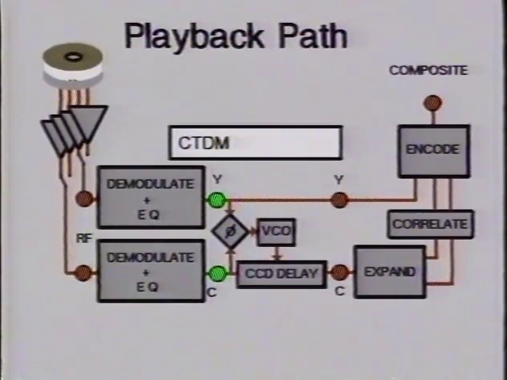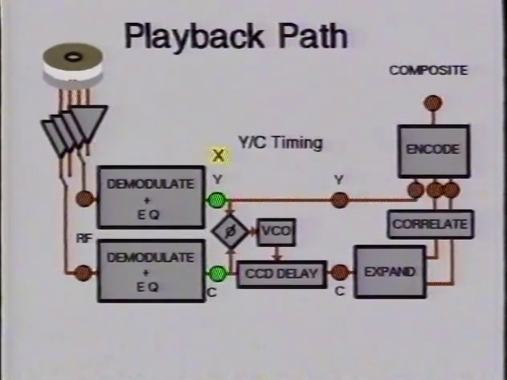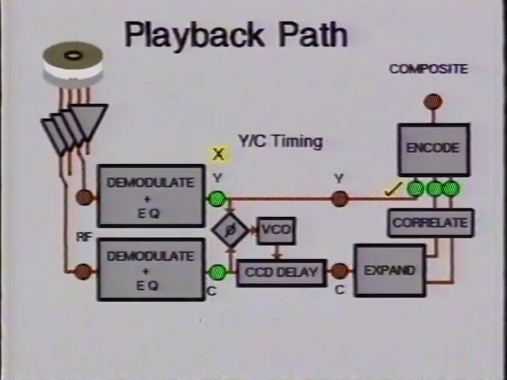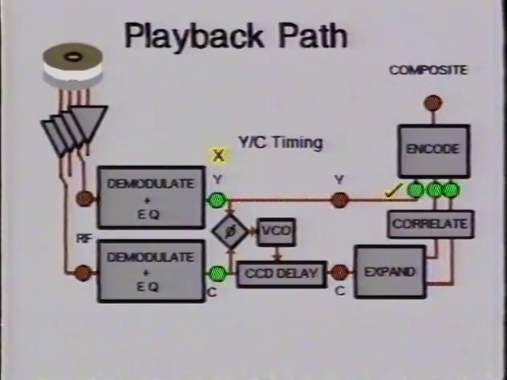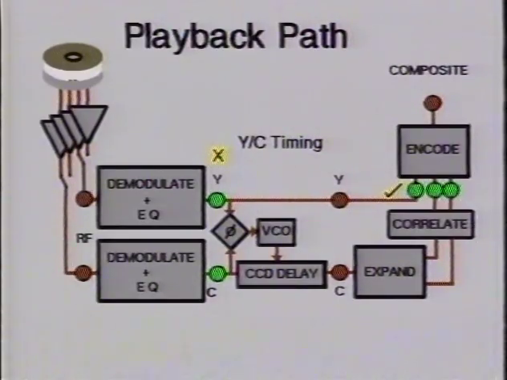This signal will of course be jittering with time-base error, but when it is expanded to component, it must have perfect YC timing. This means that both Y and C will jitter in perfect time together. This is done by looking at the demodulated playback sync of both Y and C and comparing their relative phase.